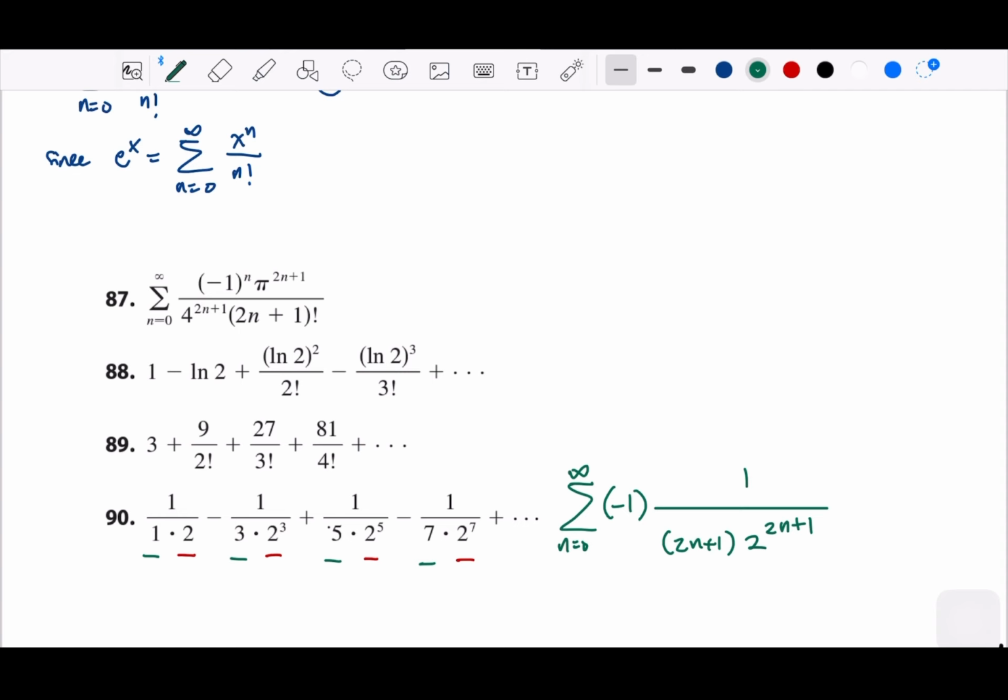If the first one is positive, so n equals 0 gives 1, then 2. I think just n should be okay. When n equals 1 it is negative, it's 3, okay, it's correct.